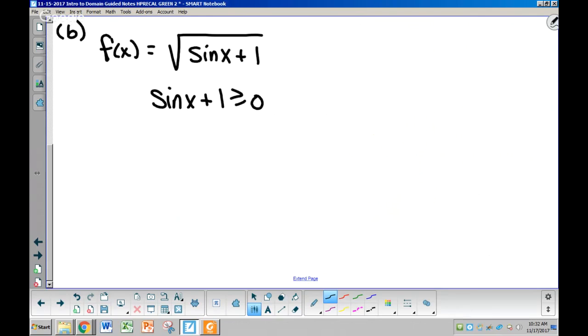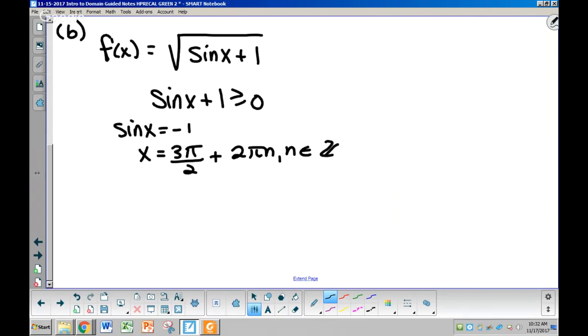What is the 0 there? Right? When is sine equal to -1, right? Because that would make that 0. Okay, so x would be 3 pi over 2 plus 2 pi n, n an element of the integers. And since this is an inequality, we're going to do a sign chart.